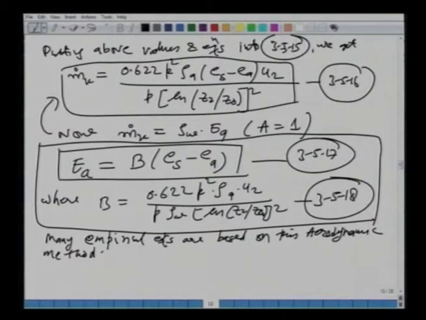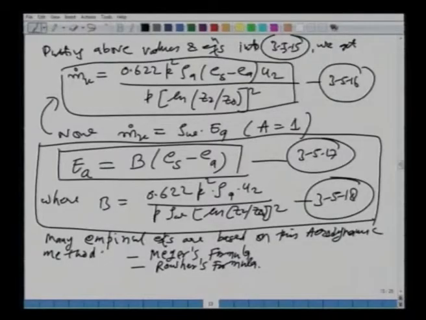Well, yesterday we looked at Meyer's formula, and the other one was the Rohwer formula. There are many more, but these are the two we had seen yesterday. So, you see that this is the most general, or the mother of all the evaporation equations, the Thornthwaite-Holzmann equation, and many empirical equations are based on this aerodynamic method.